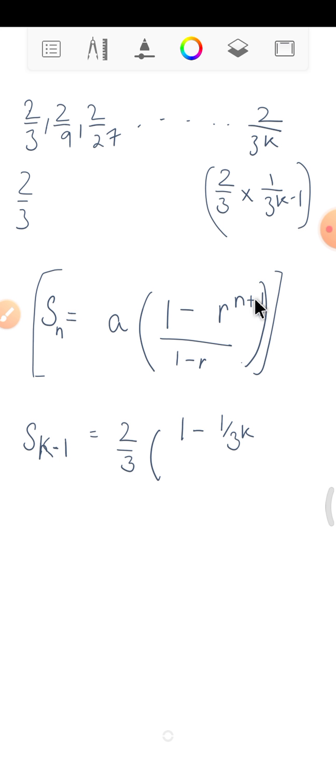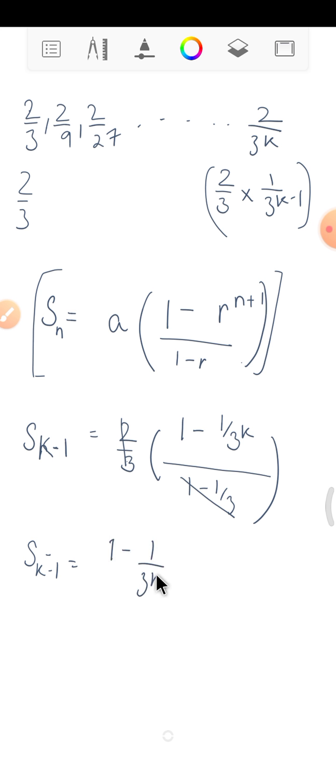When you add plus 1, you get 1 by 3 raised to power k upon 1 minus 3. So you can see that it cancels out. So our answer would be 1 minus 1 by 3^k, which is 3 raised to power k minus 1 upon 3^k.